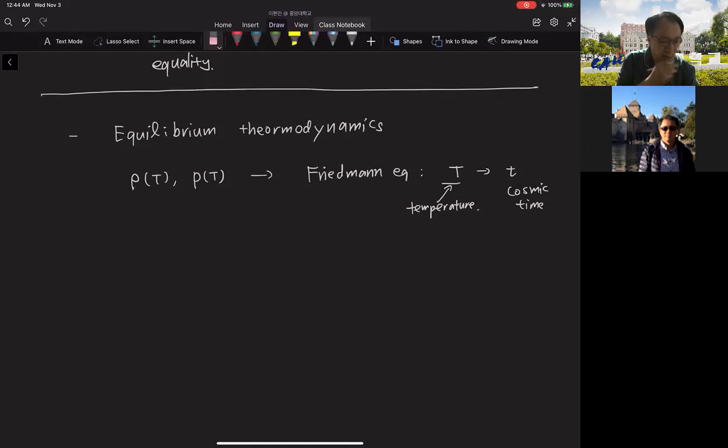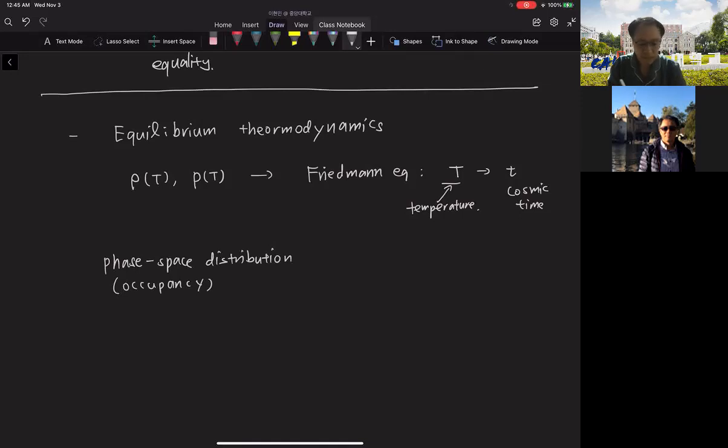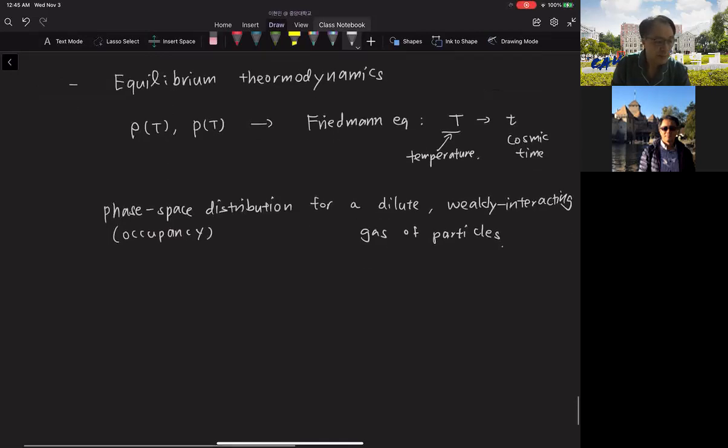So let me give a review on the phase space distribution, or occupancy distribution, for a dilute, weakly interacting gas of particles.